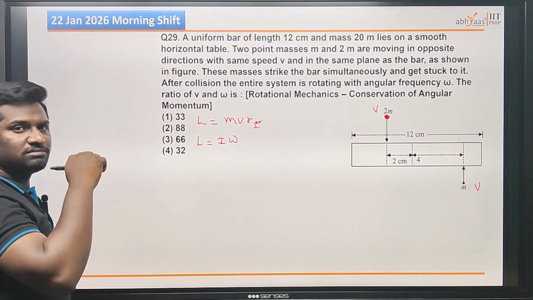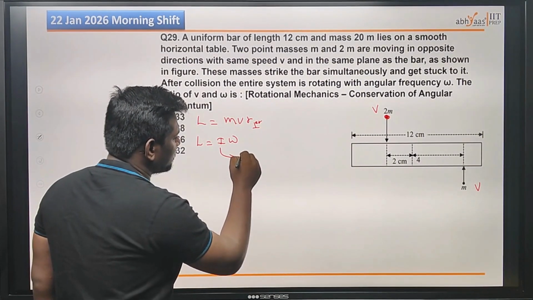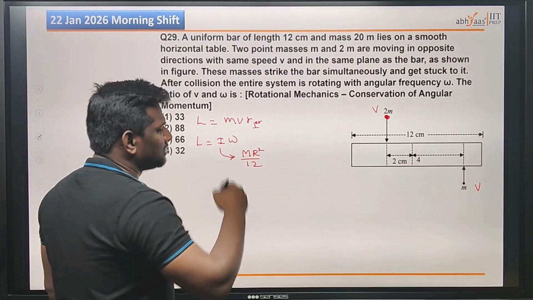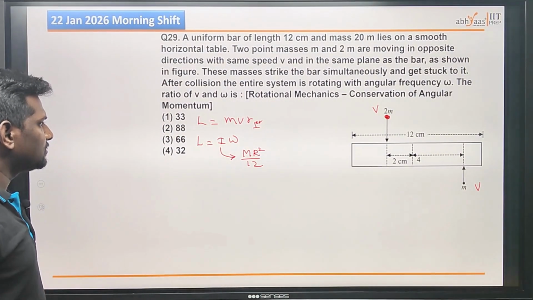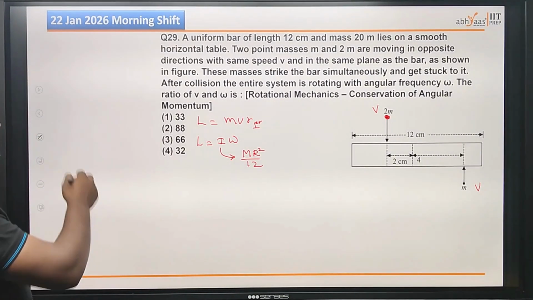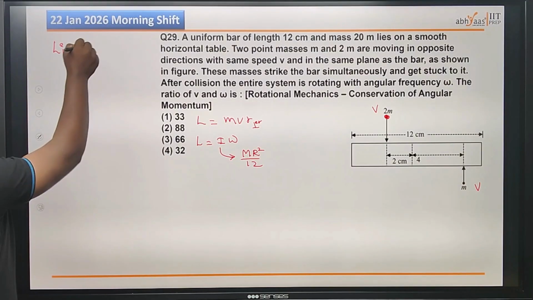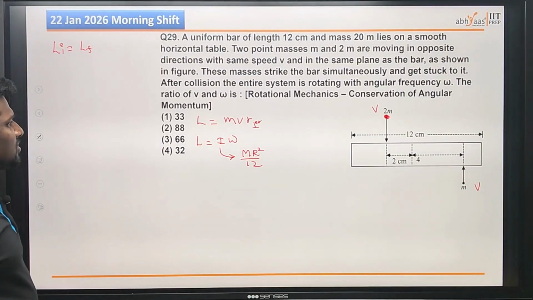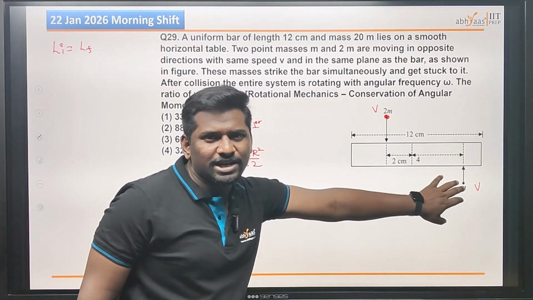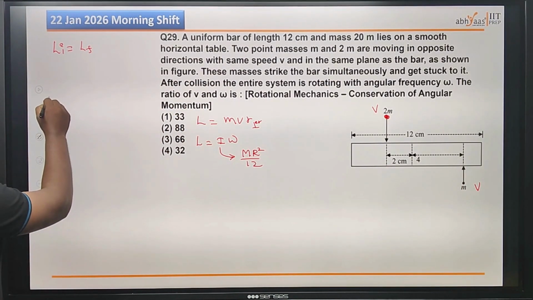What is the I for the bar? The bar's I can be written as m r square by 12. So by the law of conservation of angular momentum, Li equals Lf. What is the initial? Initially, we have 2m and m.